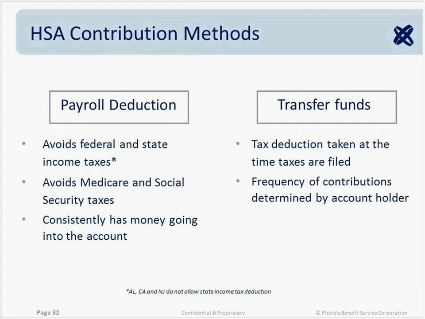There are 3 states, Alabama, California, and New Jersey, unfortunately, that do not allow for HSA contributions to be tax-free at the state income level, but all other states do allow it. But with payroll deduction, you generally avoid federal and state income taxes, but you also avoid the FICA taxes, Medicare and Social Security. So you get that extra. Medicare and Social Security amounts to 7.65% for most individuals. So you get that extra 7.65% tax savings.